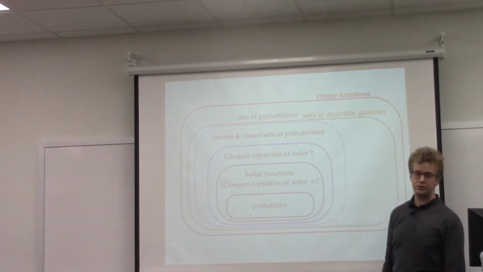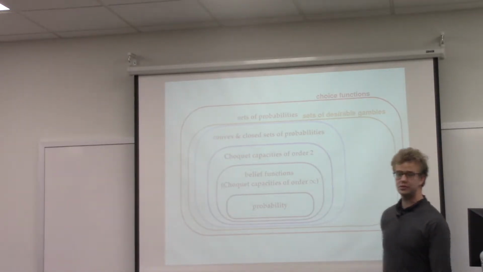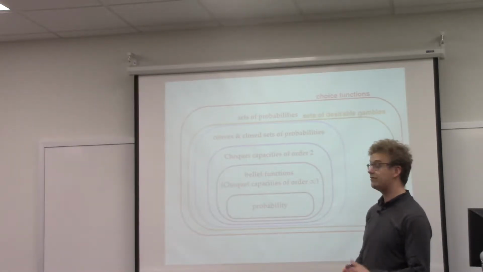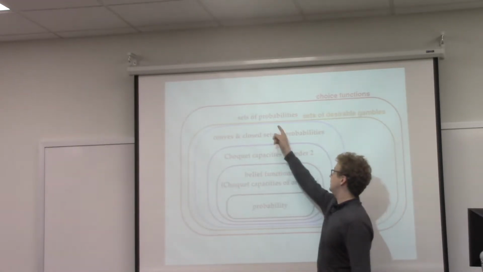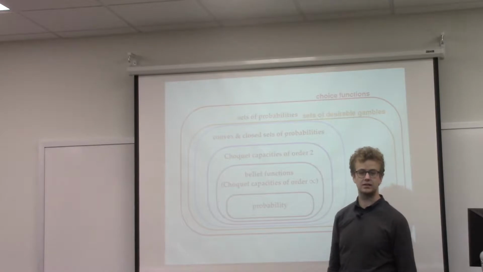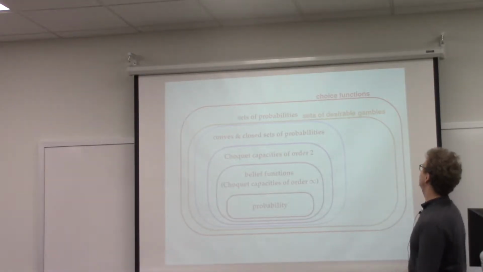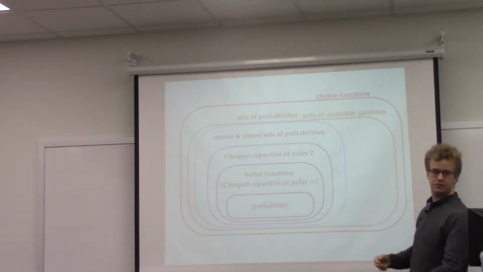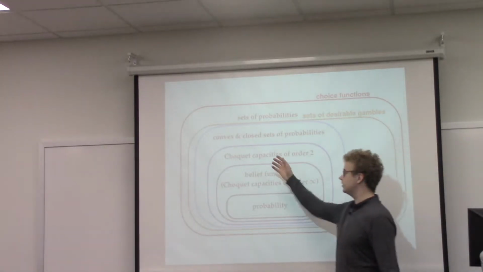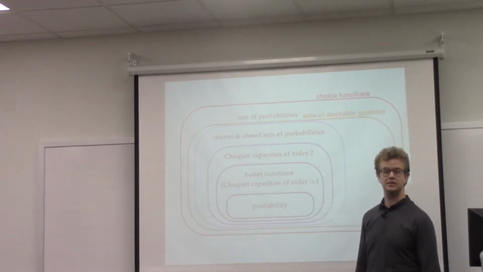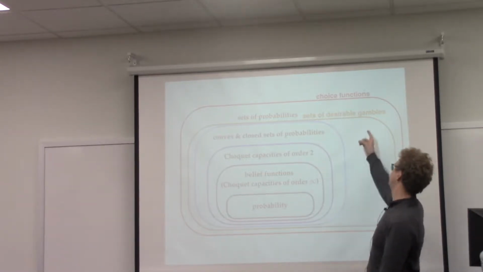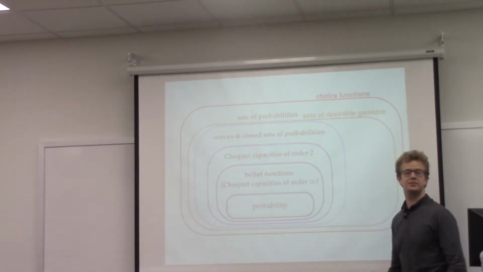The same goes for choice functions: every choice function has a corresponding arbitrary set of probabilities, but it's again a many-to-one relation. Therefore, a set of desirable gambles you can think of as a generalization of a convex and closed set of probabilities, and a choice function as a generalization of an arbitrary set.